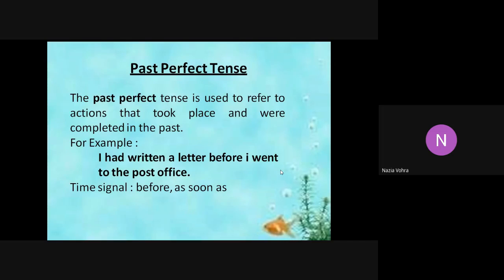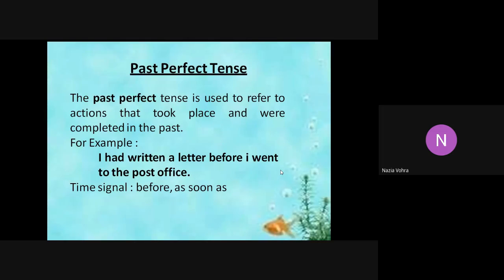Then we have past perfect tense. The past perfect tense is used to refer to an action that took place and was completed in the past. I had written a letter before I went to the post office. So before I went to the post office, I started a new action, that is going to the post office, but before that I had written a letter.